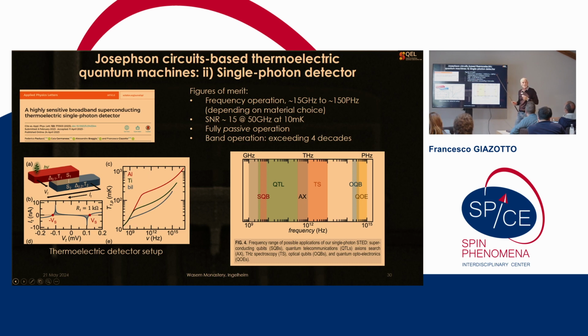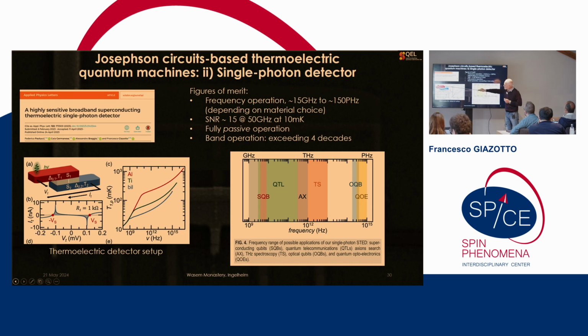So you don't need to energize the circuit. This is the nice thing. So it's just the radiation that shines on your big gap superconductor, and then leads to a non-equilibrium distribution in one of the two, and then the appearance of a voltage across your detector. So in this sense, you could realize very large arrays of detectors, completely passive, and then they by themselves energize the system thanks to the thermoelectric response.